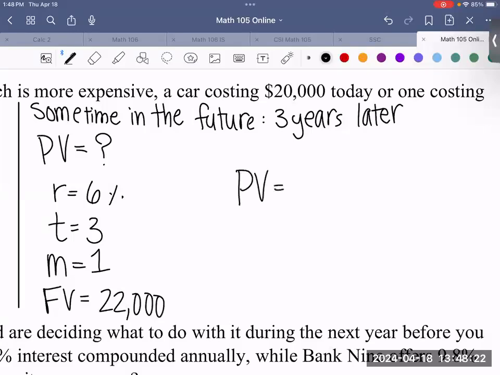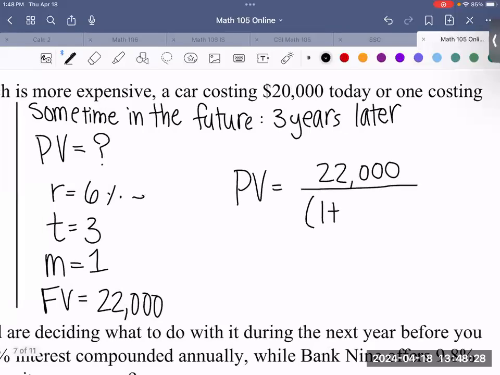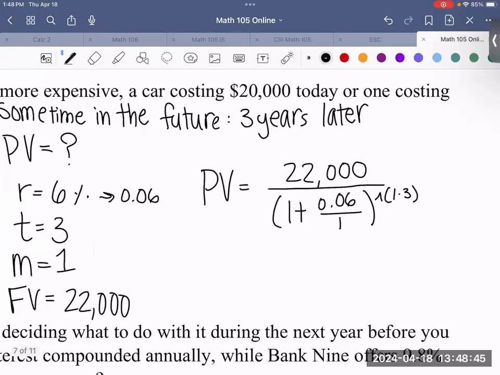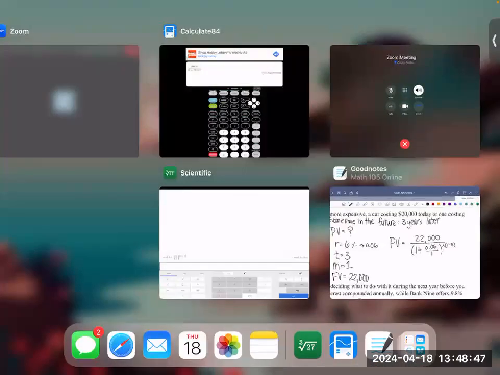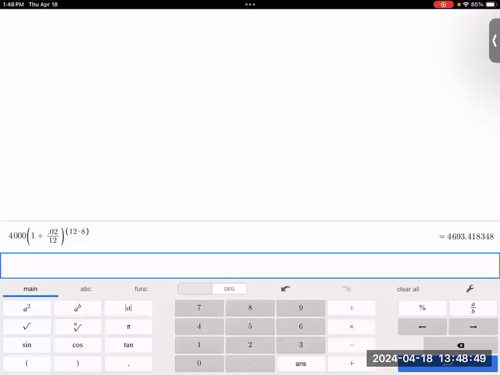So present value is 22,000 over 1 plus, and just to convert this, right, just move your decimal place over, 0.06 over 1. Again, because it's 1, you can just erase that if you'd like, to the 1 times 3. So when we go to put this into your calculator, I'll show you the Desmos side right now.